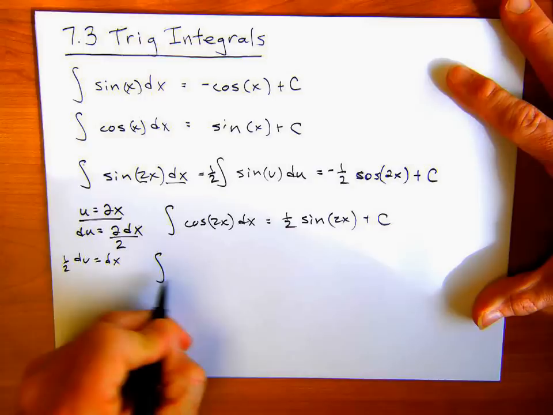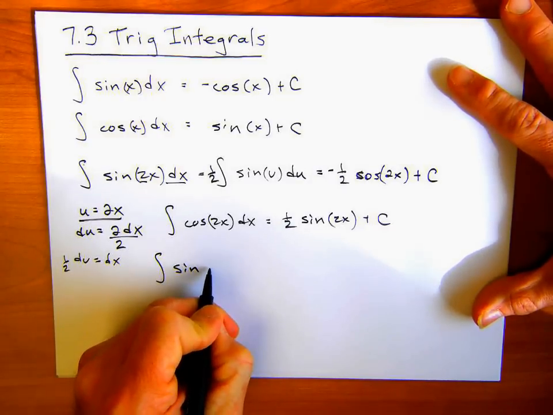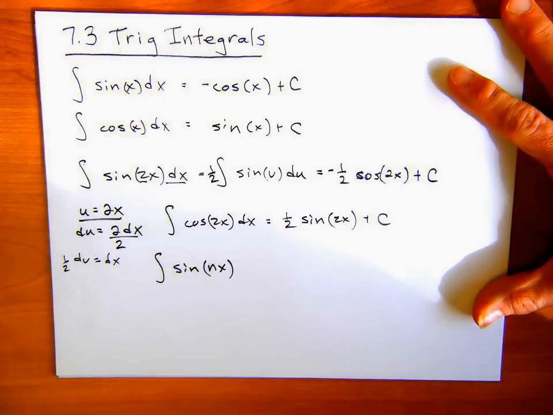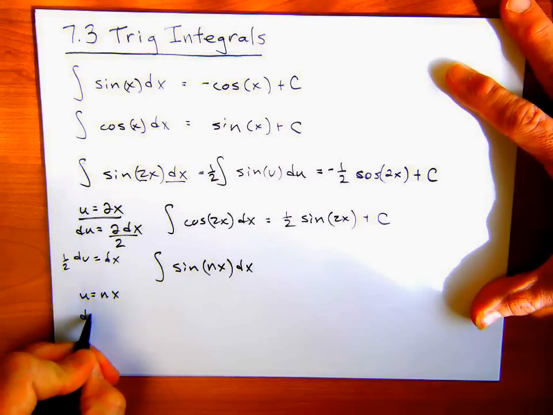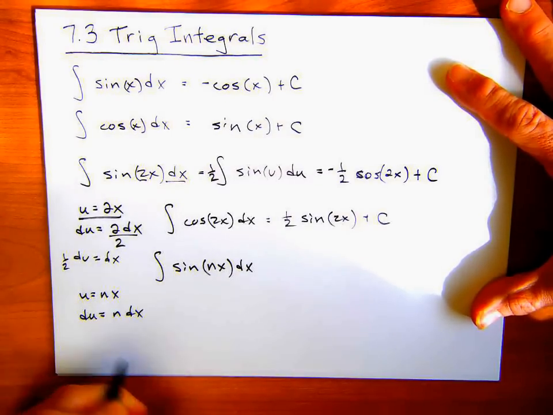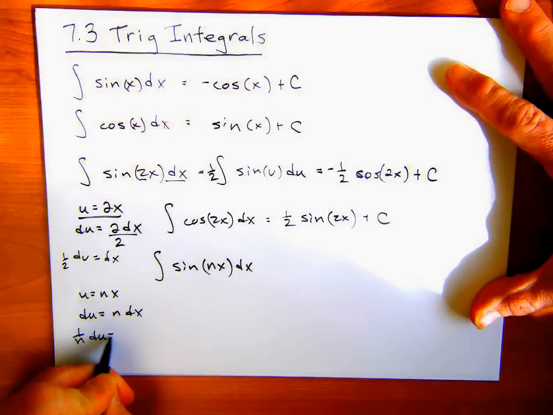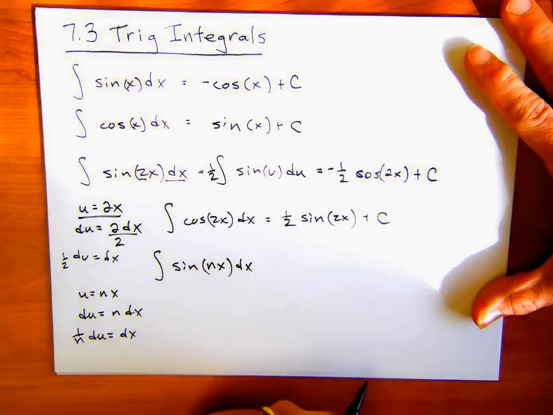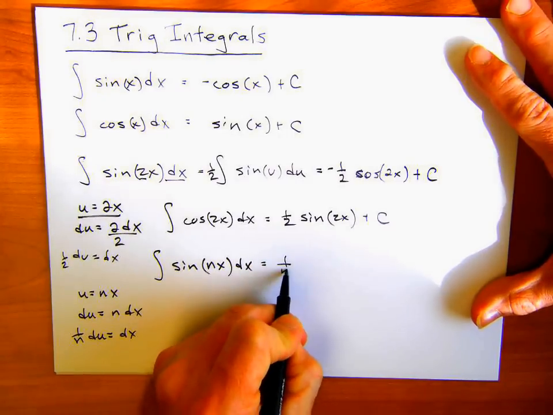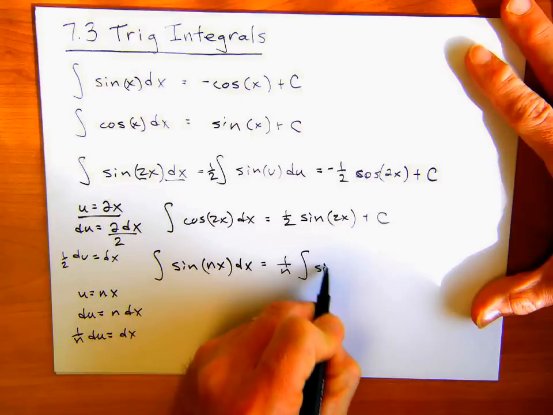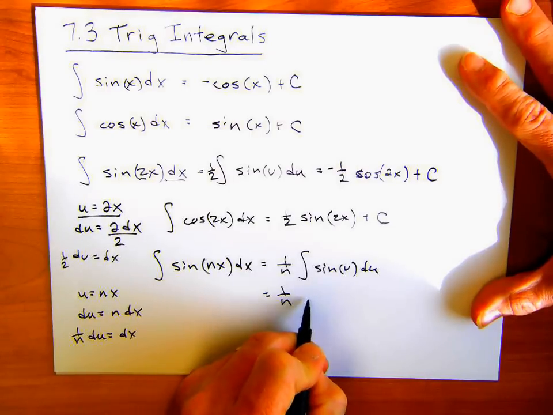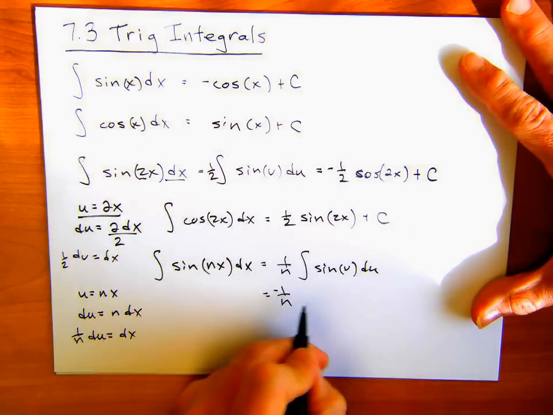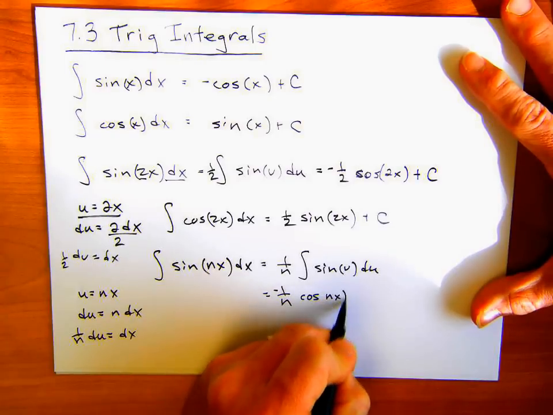So for example, if I wanted to take the antiderivative of sine of n times x, where n is just any number, it doesn't even have to be an integer, but it usually is, then I could let u equal nx, du equals n dx, so that 1/n du equals dx. We go through that whole thing again, we have a 1/n out front, we're taking the antiderivative of sine of u du, and we end up with negative 1/n cosine nx plus c.